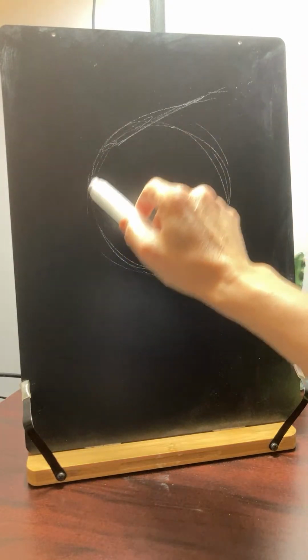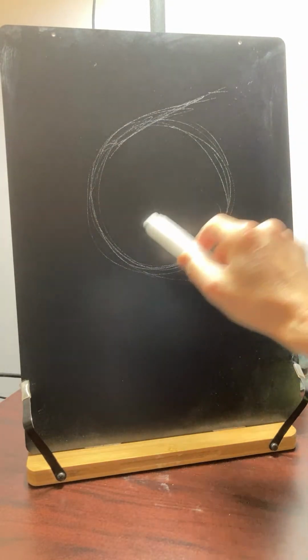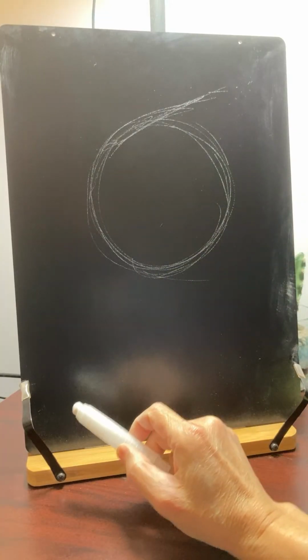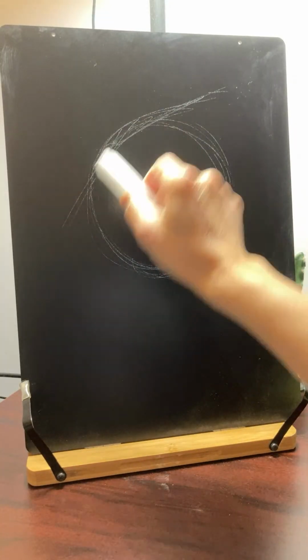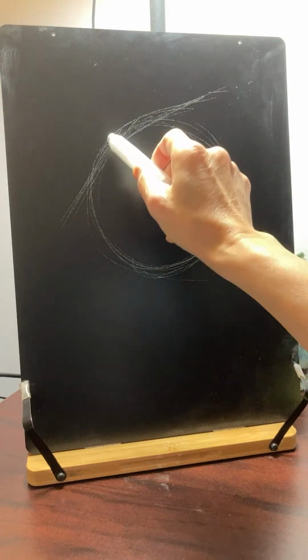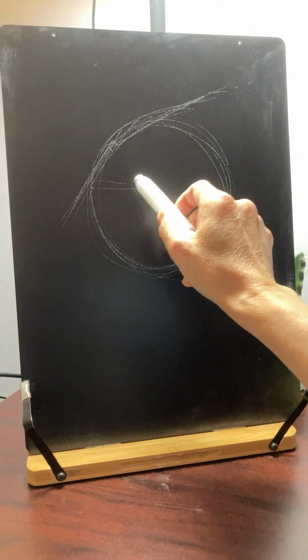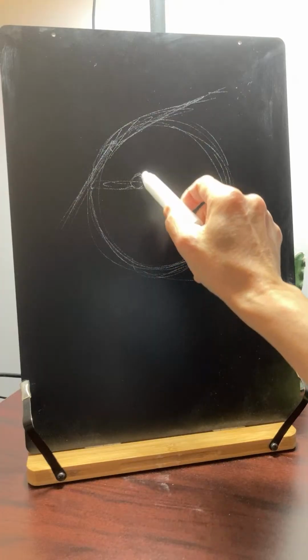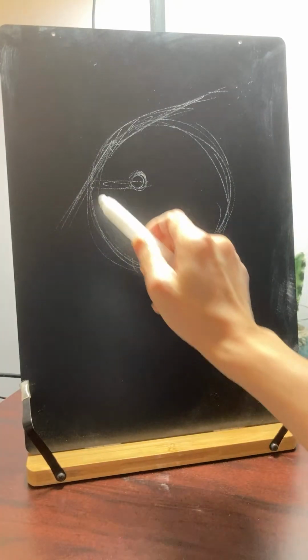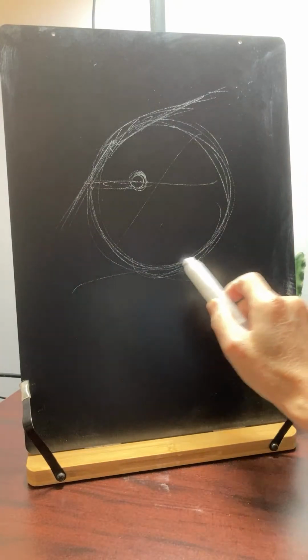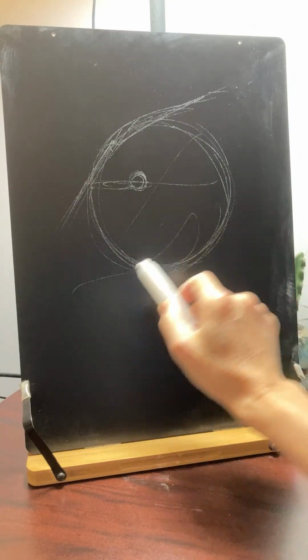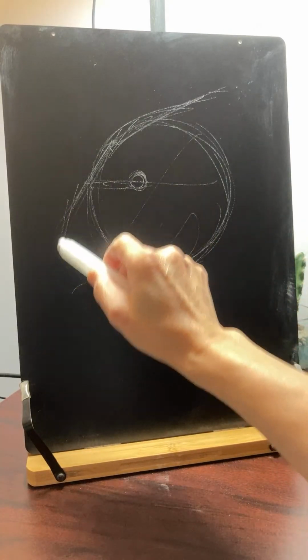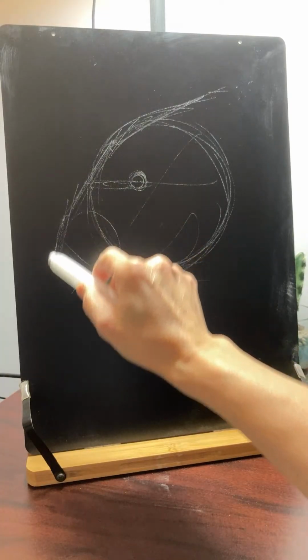This is the scalp of the head. Usually it's good to start with a circle, and he has a nose here, and I put the eyes over here, the eyeball. Okay, so this is the chin, and then he has a nose, mouth right there.